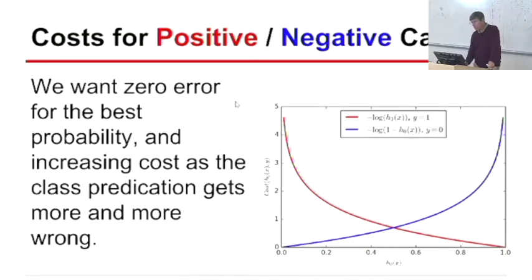If I take minus log as my error function for a positive example, minus the log of this, when it's near 1, is going to be almost 0. When we get near 0, minus the log of something near 0 is going to be a very large value.